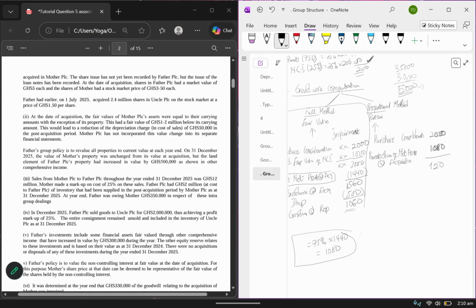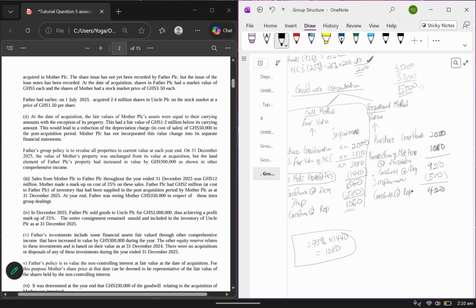Then you get goodwill at acquisition. Then you less impairments. Impairment in this case, we use 500. So you are left with 420. It gives you goodwill at reporting.